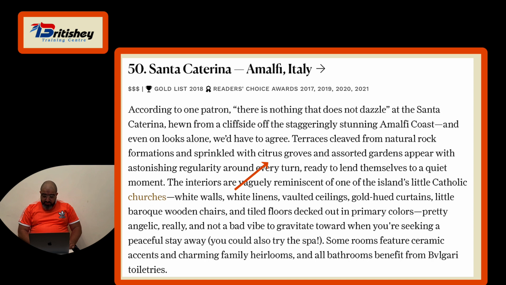We've got citrus groves, good. Assorted gardens, nice. Astonishing regularity. All these words can be difficult vocabulary that you can provide students with in the useful language part. We've got interiors, lovely. So a lot of wonderful vocabulary can be taught.